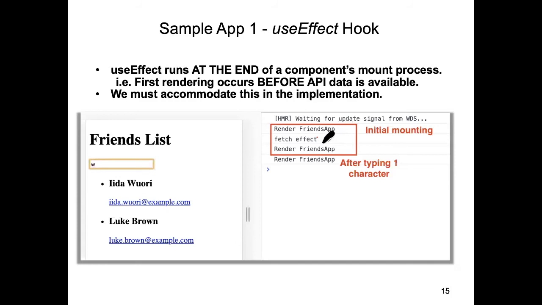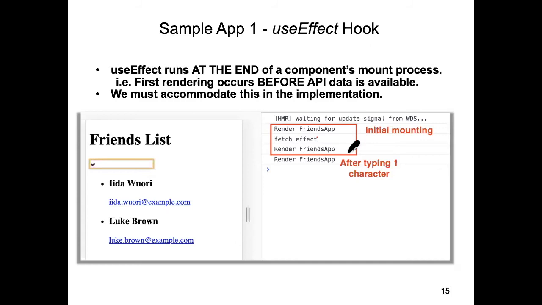So the useEffect hook executes anyway. Now, eventually, because that's an asynchronous call, the response comes back from the web API, and we saw that inside the useEffect callback, I triggered a state change to my array of friends. And because I trigger a state change, that's why we get this.